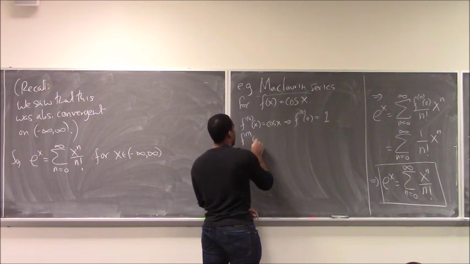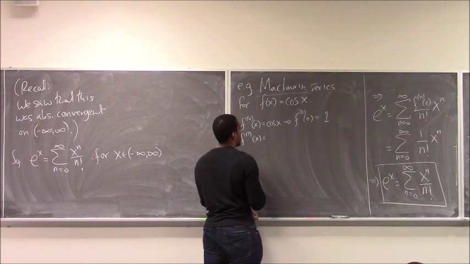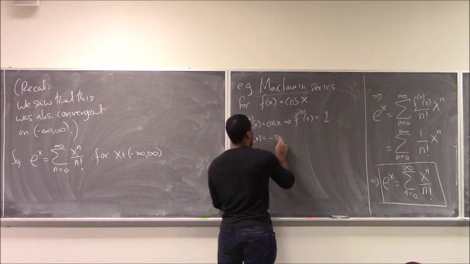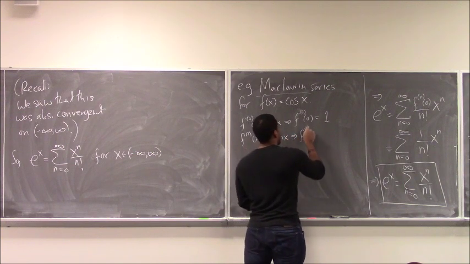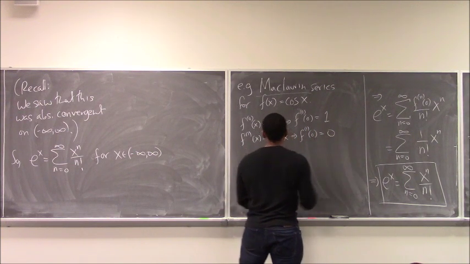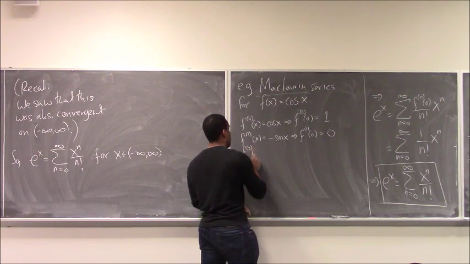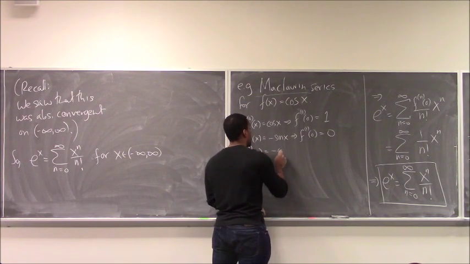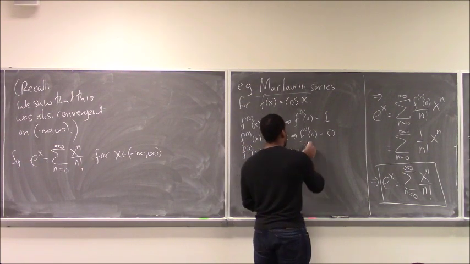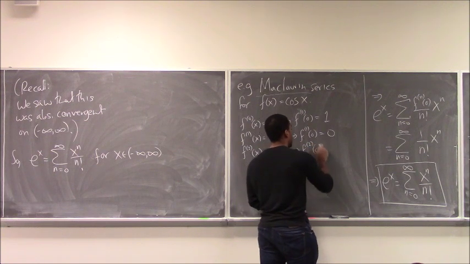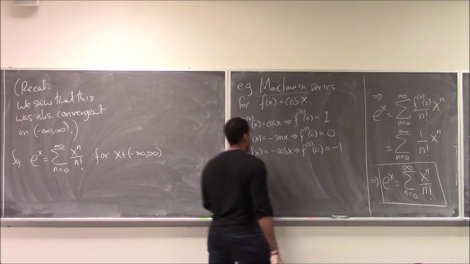The first derivative is negative sine of x, which means that evaluated at 0, I would get 0. The second derivative is minus cosine of x, which means evaluated at 0, that would give me minus 1.